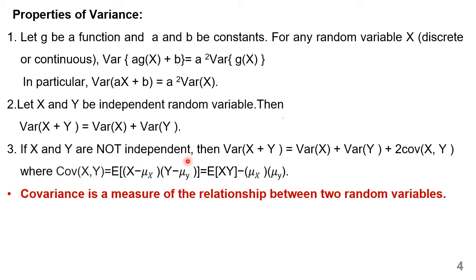If they are not independent, then variance of x plus y is equal to variance of x plus variance of y plus 2 times covariance of x comma y, where covariance of x comma y is defined as expectation of x minus mu x into y minus mu y. That is the expectation of x y minus mu x into mu y. Covariance is a measure of the relationship between the two random variables.